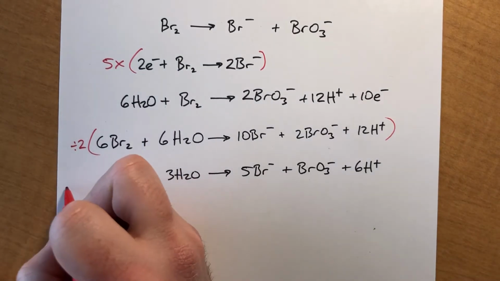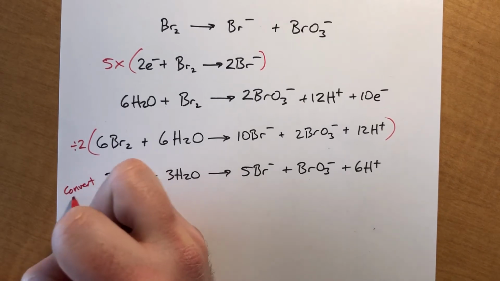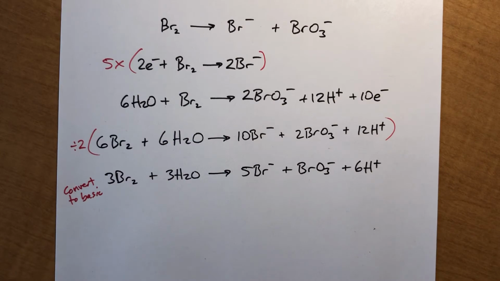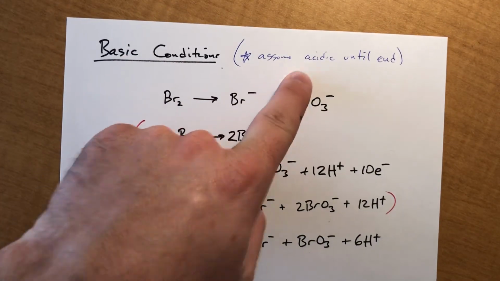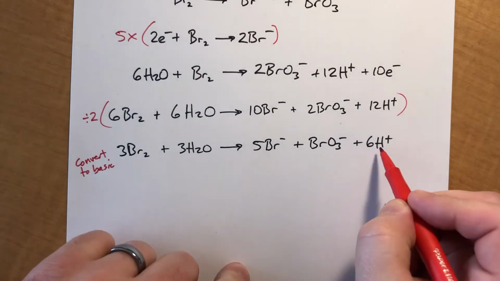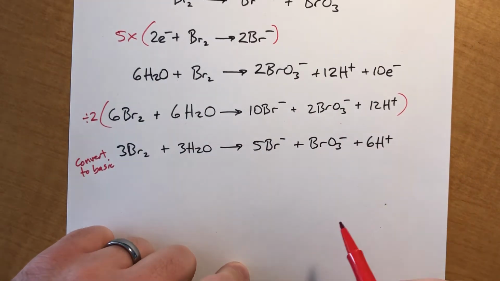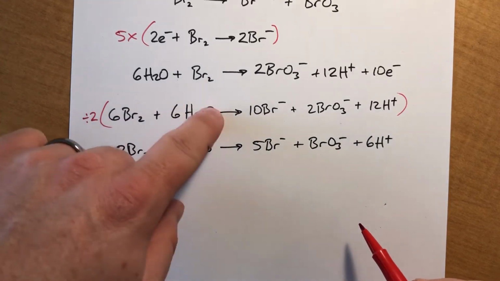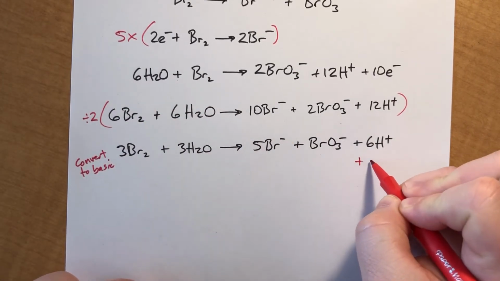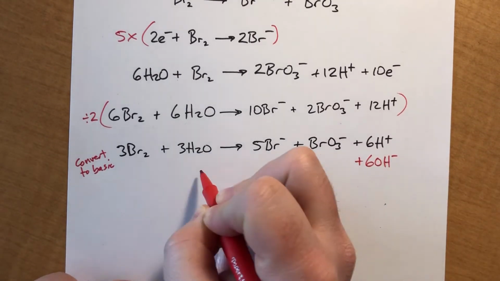So what we're going to have to do is convert it to basic. When you need to convert things to basic, because it's supposed to be basic at the end and we've been assuming it's acidic, it's honestly not that difficult. Anywhere you see an H plus, which should only be on one side at this point, just add that many OH minuses to both sides.